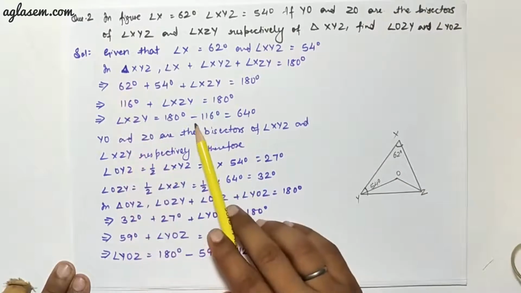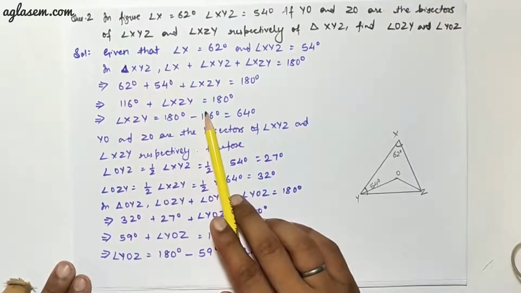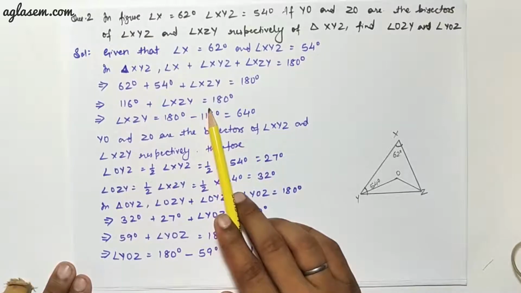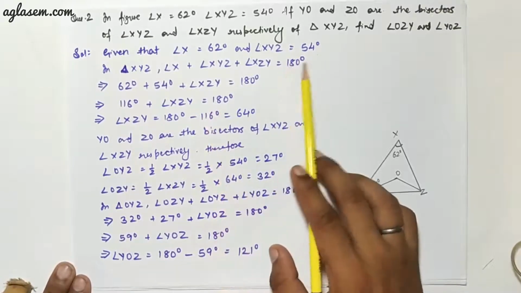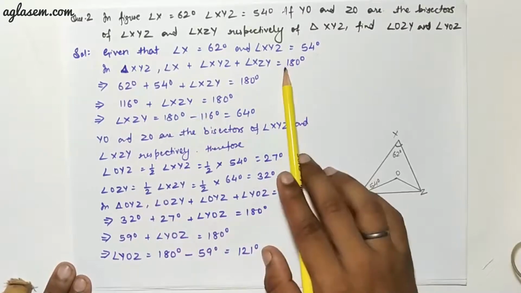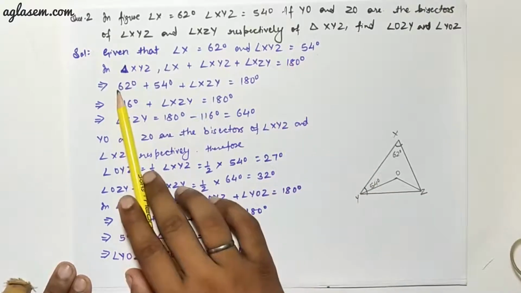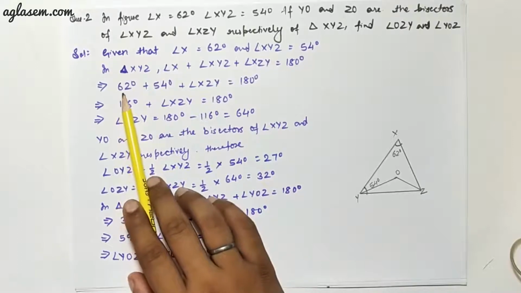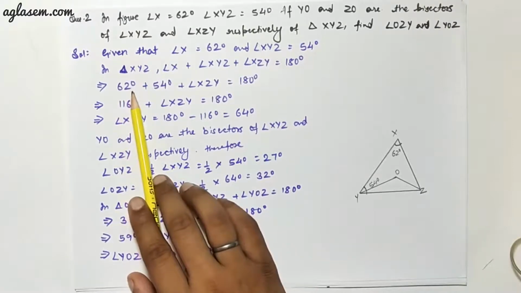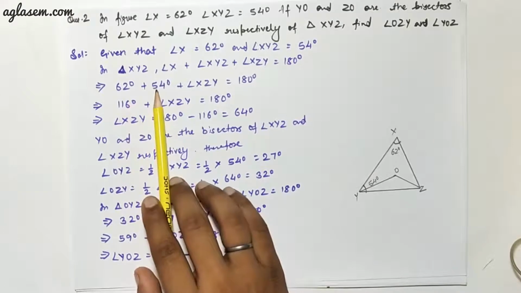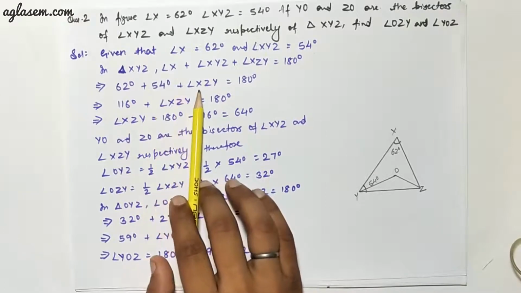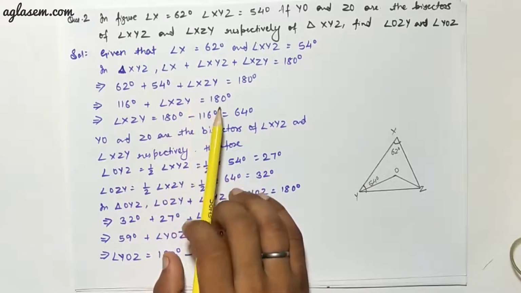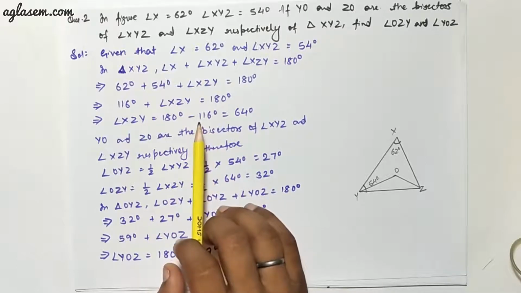In triangle XYZ, angle X plus angle XYZ plus angle XZY is equal to 180 degrees. This is the angle sum, so it will be 180 degrees. So in triangle XYZ, the value of X is 62 degrees plus 54 degrees, that is for angle Y, plus angle XZY is equal to 180 degrees.